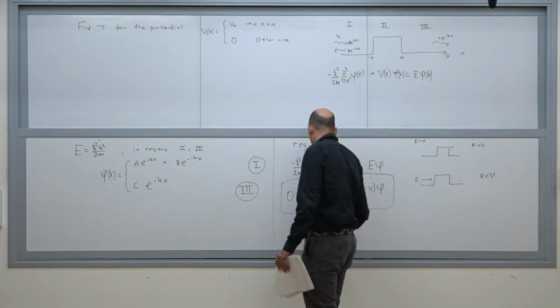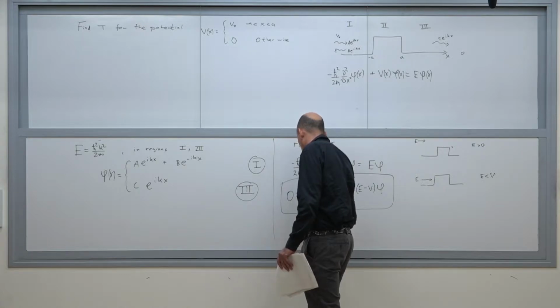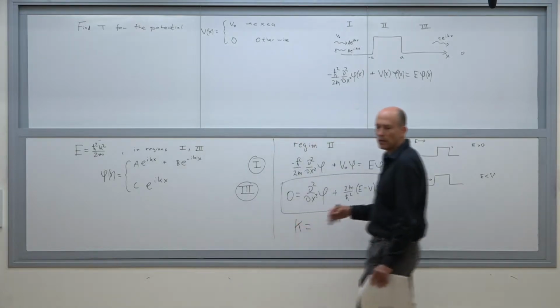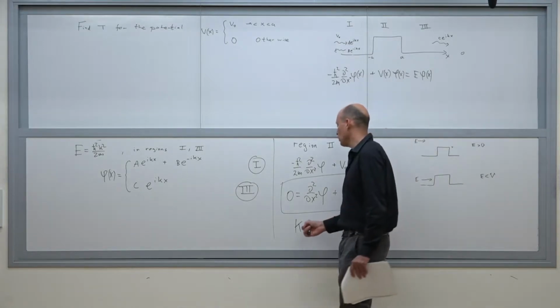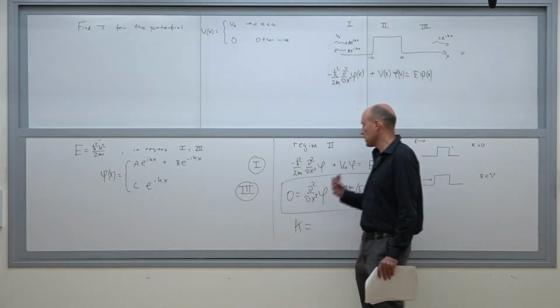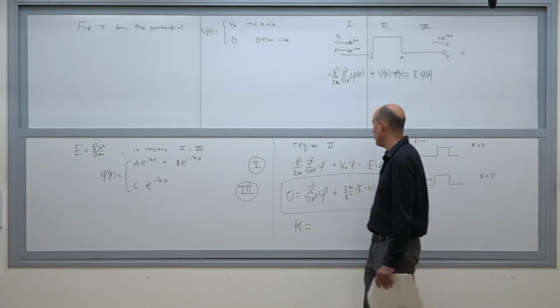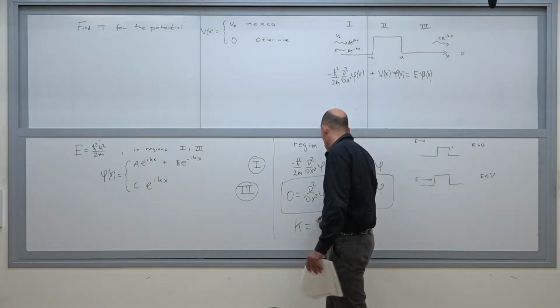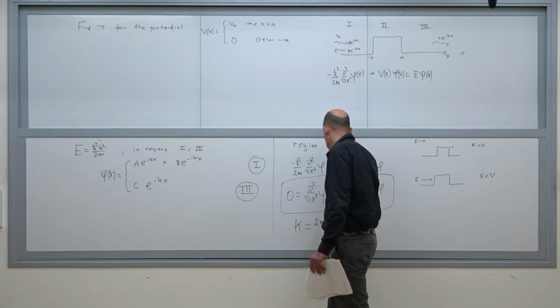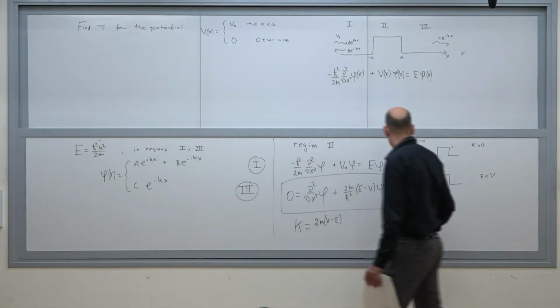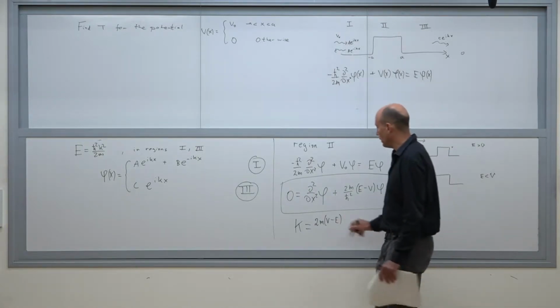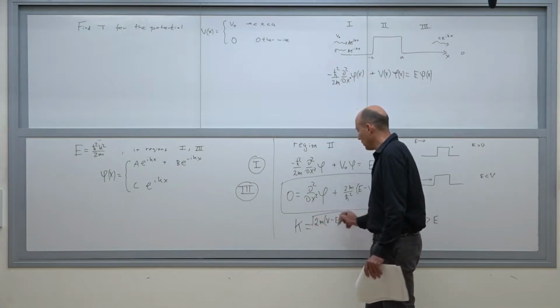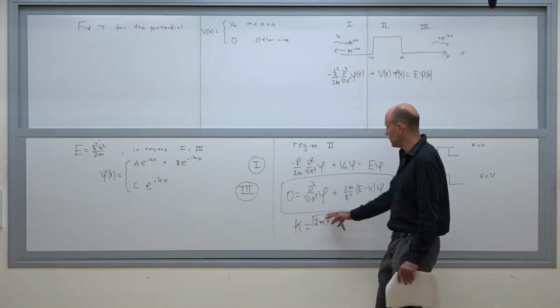And then I'm going to write this in terms of kappa. Kappa is like k, but it will not be a wave vector. It will be some decaying mode. I'll soon explain. And this I define as 2m times V minus E. So again, here V greater than E. If V greater than E, this kappa is a real number.